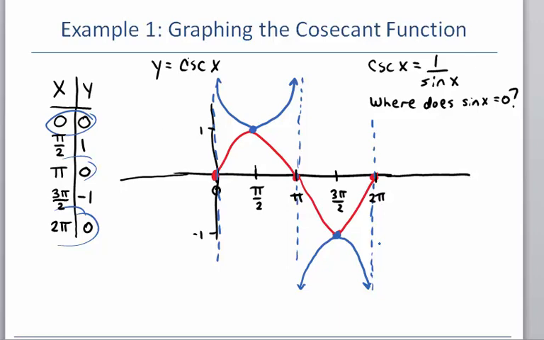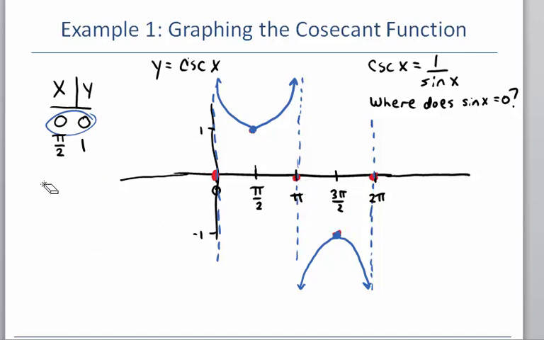So what you can do then is use your sine function to help you graph your cosecant function. And once that graph is drawn, then you can either erase or just simply ignore your sine function. And so we have a graph of our cosecant function.